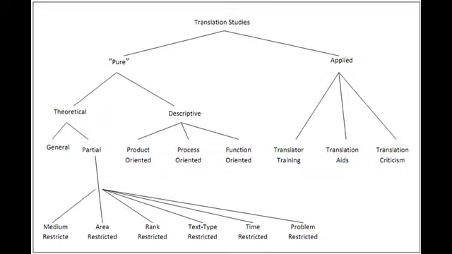The pure translation studies are theoretical and descriptive. The theoretical are general and partial. The descriptive are product oriented, process oriented, function oriented. And the applied translation studies are divided into translator training, translation aids, translation criticism.